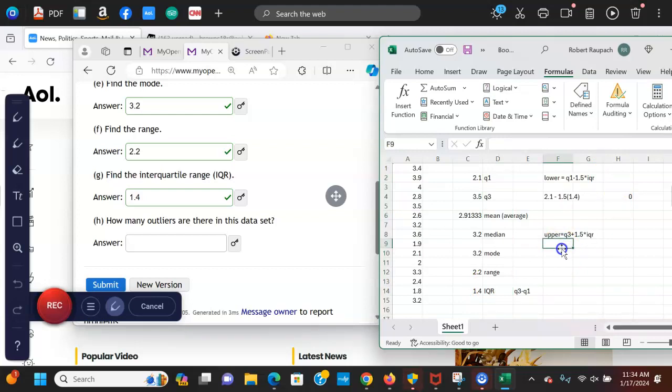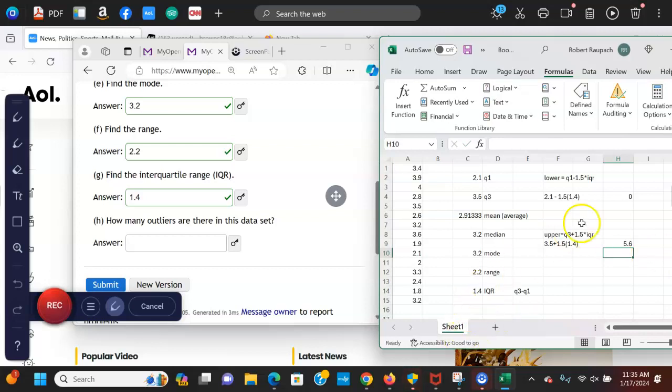Okay. So Q3 would be 3.5 plus 1.5 times the IQR, which is 1.4. So on my calculator, that upper fence number is 3.5 plus 1.5 times 1.4, which equals 5.6.